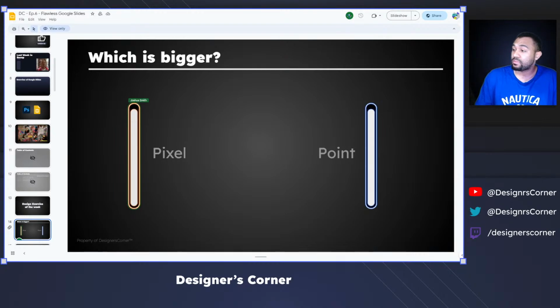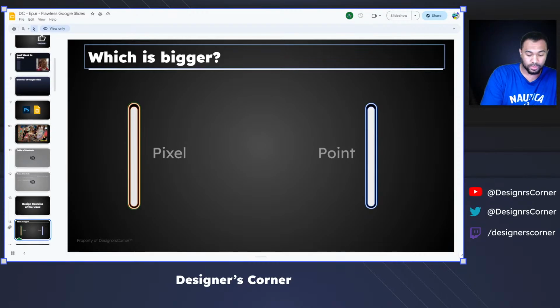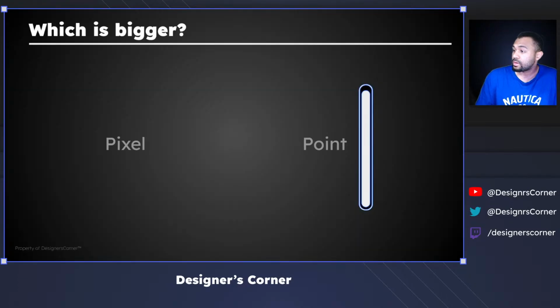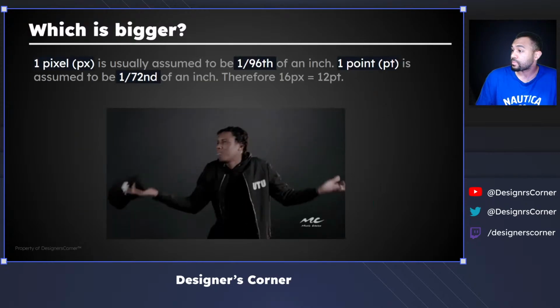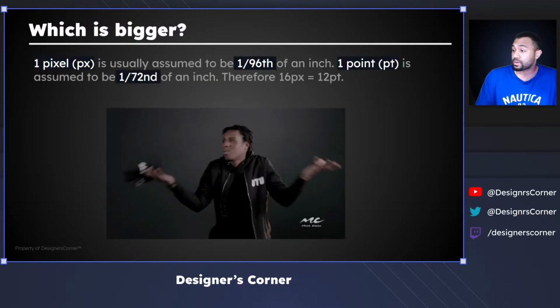And as we have the votes coming in, the answer, go into full screen mode again. For some reason it doesn't want to show up in full screen mode. I don't know why. Oh, there it is. Oh, there's an animation on it. Got it. Which is bigger, pixel or point?